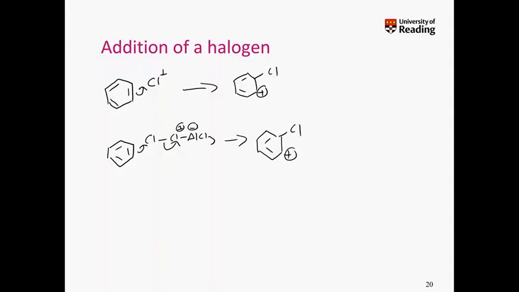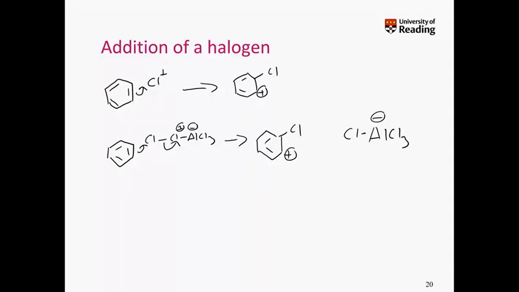And then we also end up with that. Because we've used the electrons to neutralise that positive charge, the chlorine is no longer positively charged here, but the aluminium still has a negative charge.